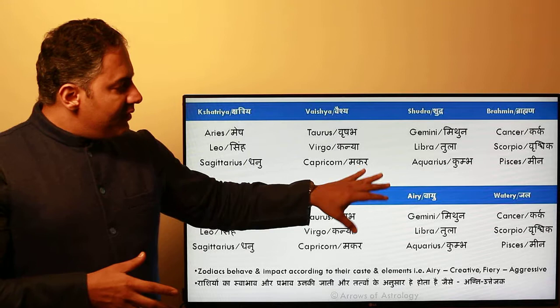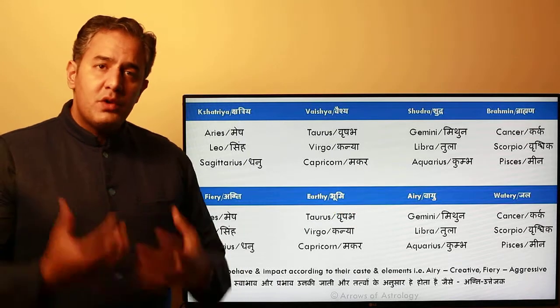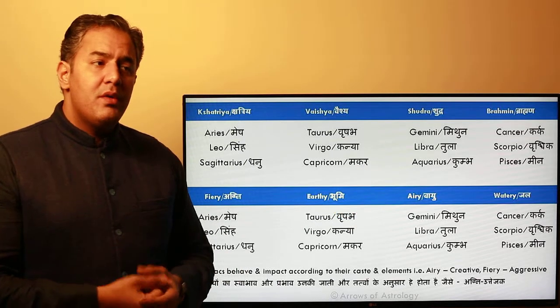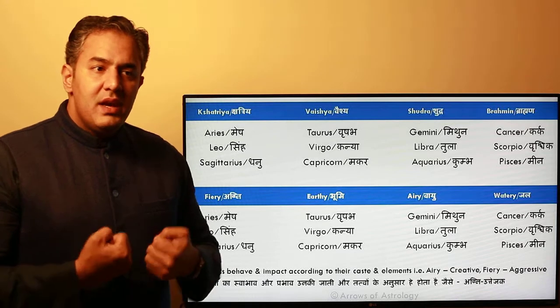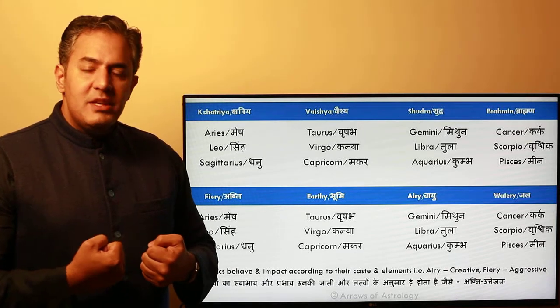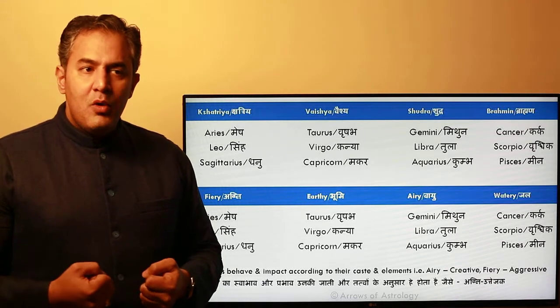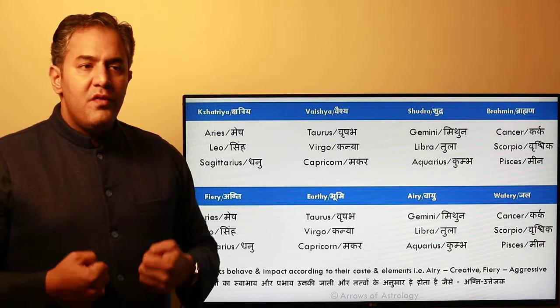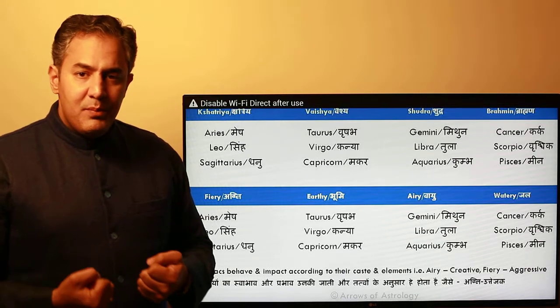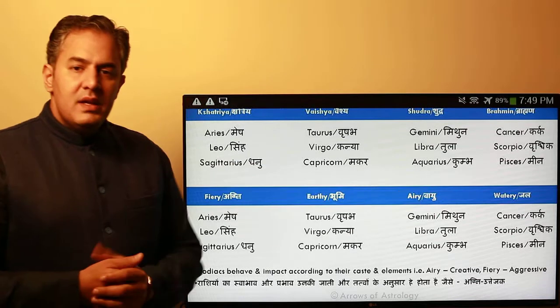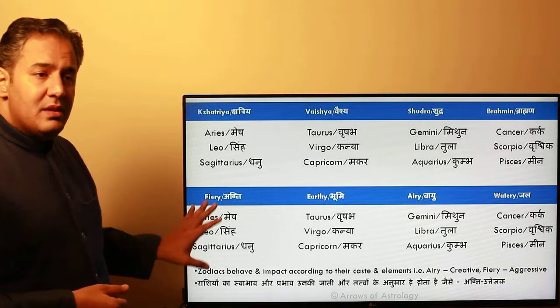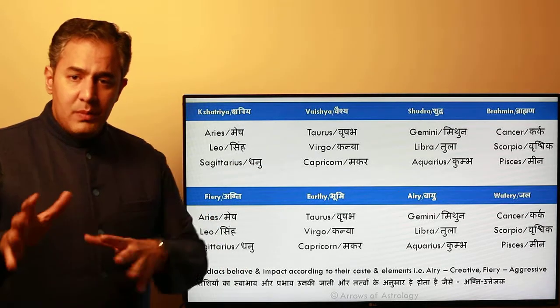In fact, with watery signs, people have more retention of water in the body. Their tendency to grow a little heavier, a little more fat, or a little more plump is quite easy. On the contrary, in a fiery sign, the person will be more stout, probably.